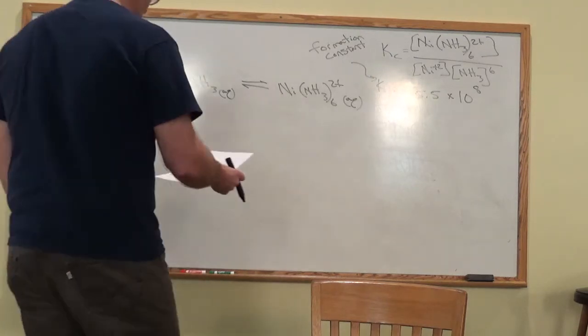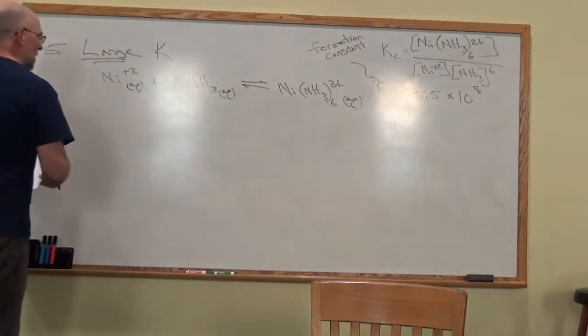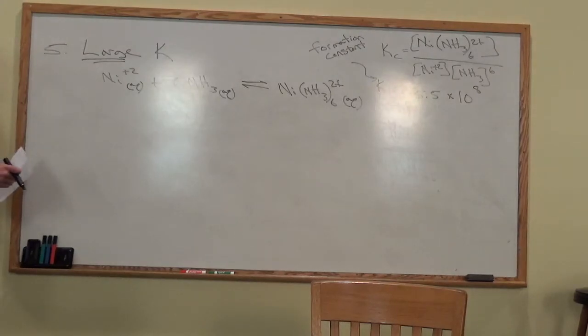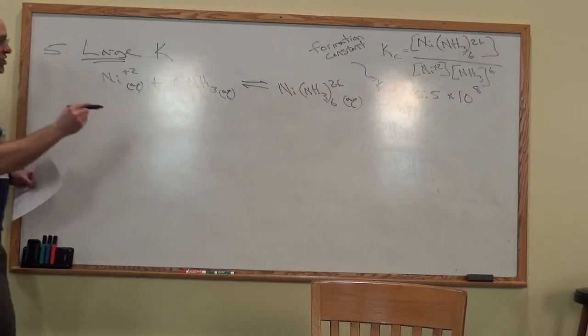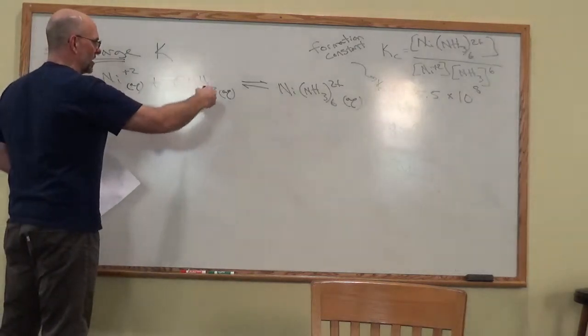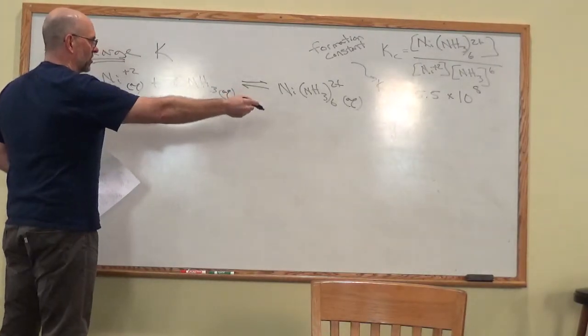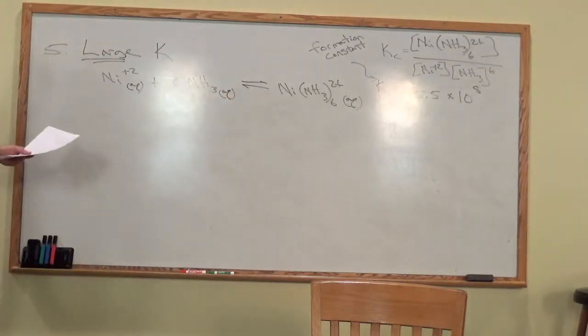So what are we going to do with this one? Well, we have to do a little bit of work here, because if we do an ICE table, we're given initial concentrations here, and we have to go the whole way.